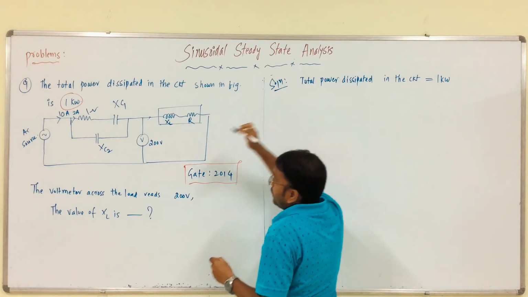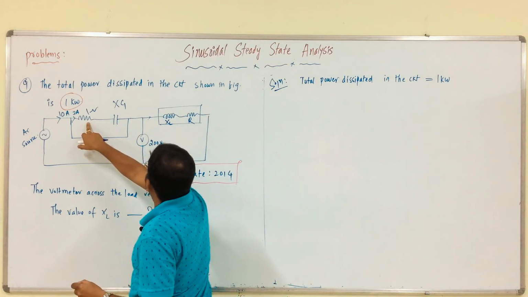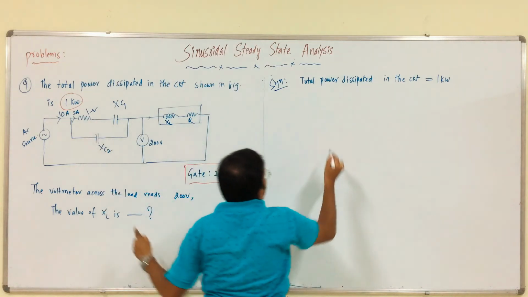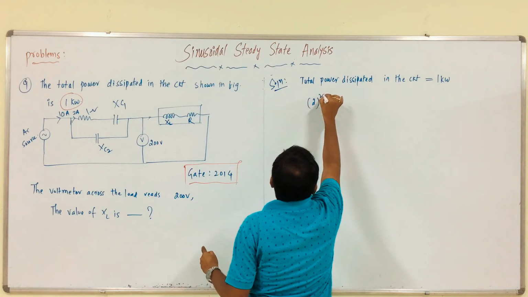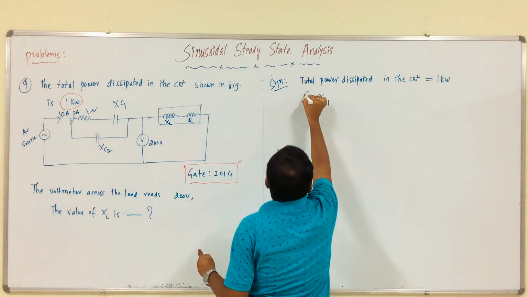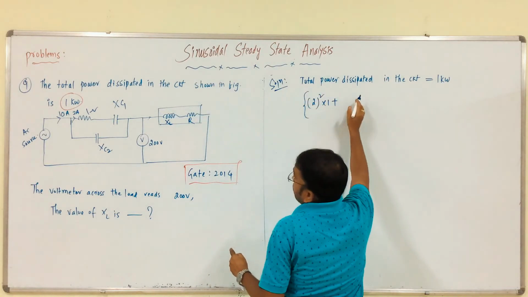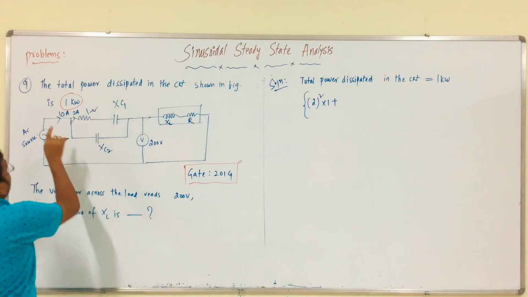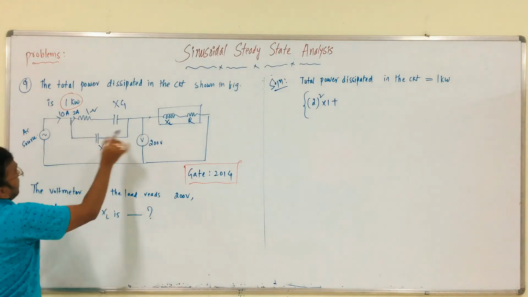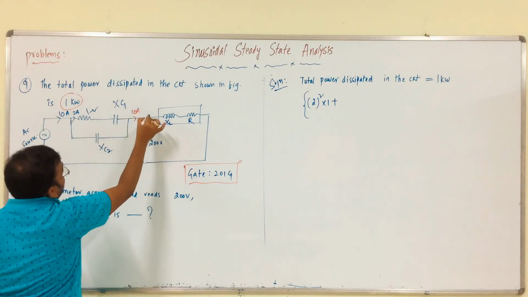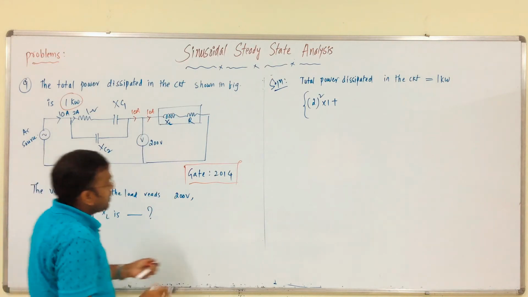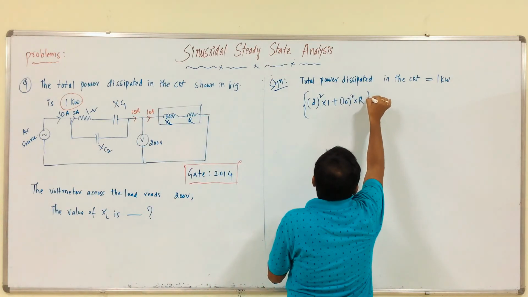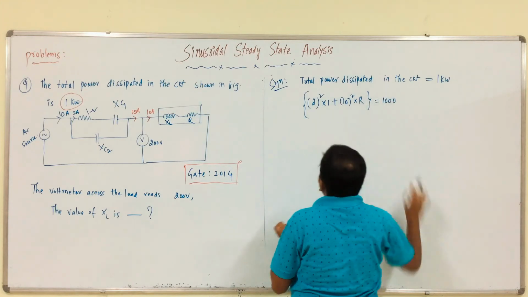Here we have a 1 ohm resistive branch, and again we have R. The current through this branch is 2 amps. Therefore, 2 square into 1 plus, here the value of current through this branch is, see, entering current is 10 up to this point, here also 10, right? 10 square into R, we do not know, which is equal to 1000, right?